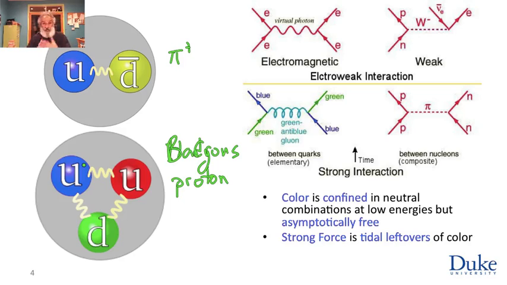It turns out that an effective description of this can be given. This was discovered long before quarks and color were known by Yukawa, as if the force between nucleons was mediated by the exchange not of a vector boson, but of a scalar boson, in fact, this very pion.